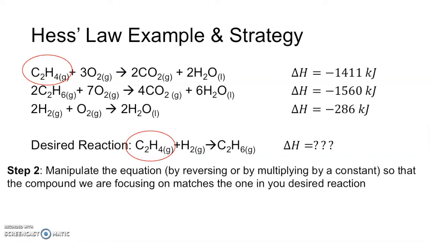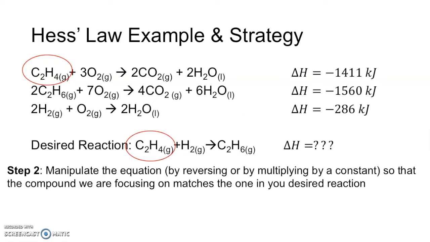So in our desired reaction, C2H4 is on the left side of the arrow, and it has a coefficient of 1. If we look at the C2H4 in the top reaction there, it is also on the left side of the reaction. So that's good. We don't need to do anything about that. Also, the coefficient is also 1. So that means that we actually have to do absolutely nothing. We're actually happy with this.